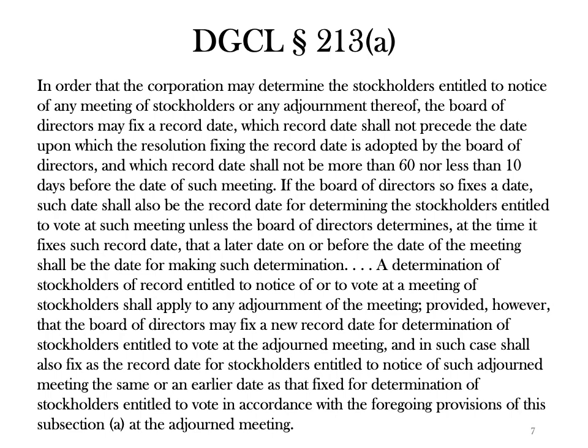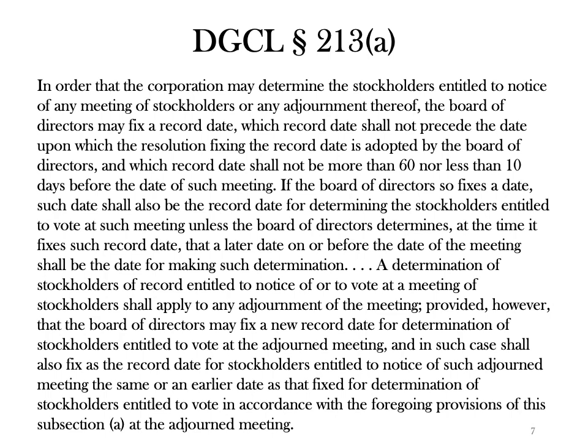In corporate voting, in order to be eligible to vote at the meeting, you have to have held the stock at some prior date, called the record date. Each state, Delaware included, allows the board to fix a date to determine which stockholders are entitled to vote.